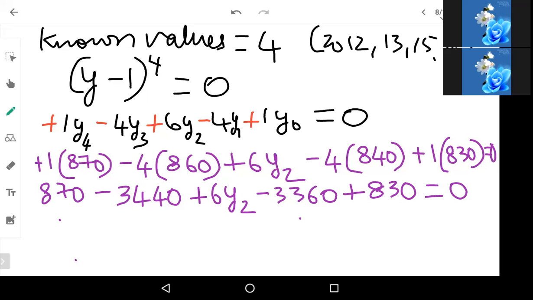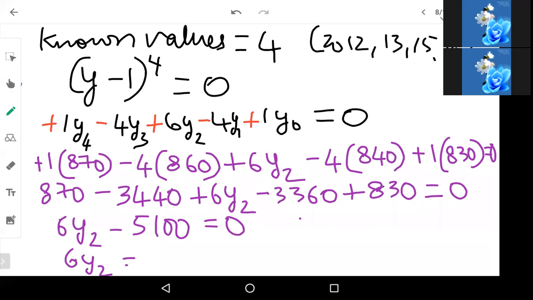When you do this, your answer should be 6y2 minus 5100. You get minus 5100? Very good. So 6y2 is plus. So plus 6y2 minus 5100 is equal to 0. Now if you take minus 5100 onto the other side, it will become plus 5100.